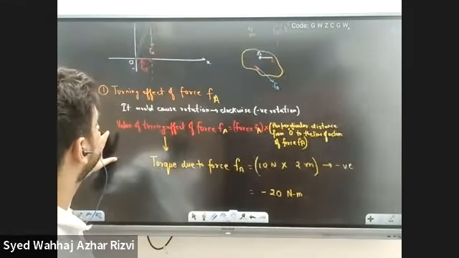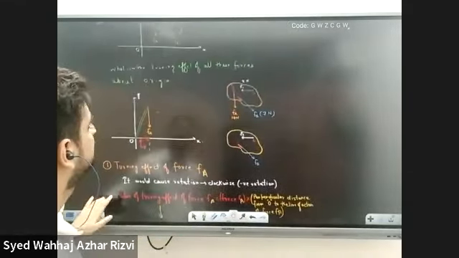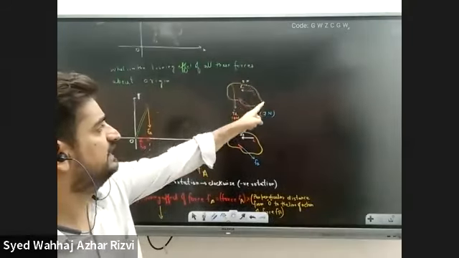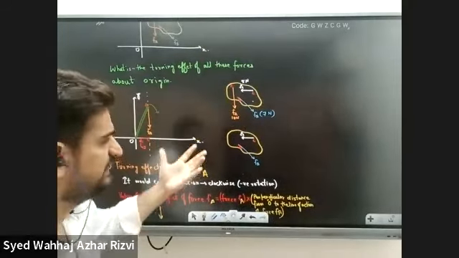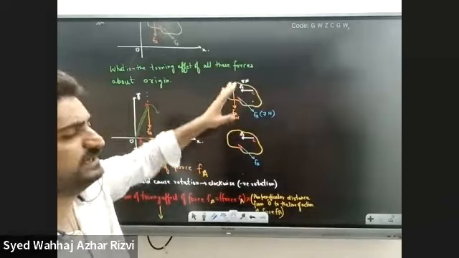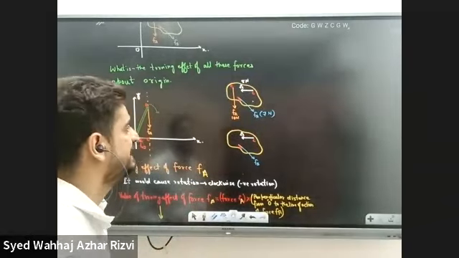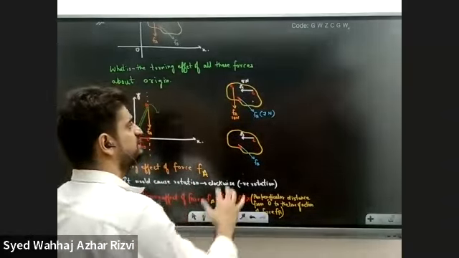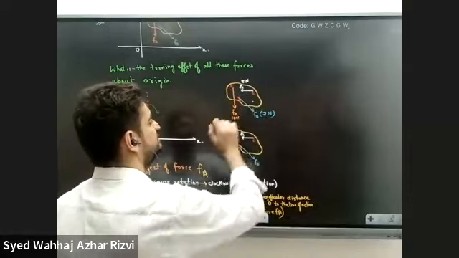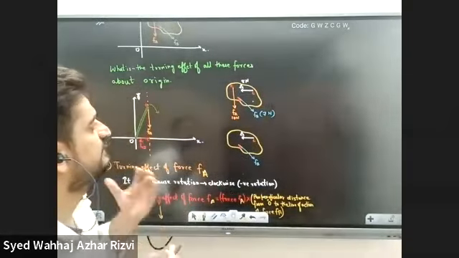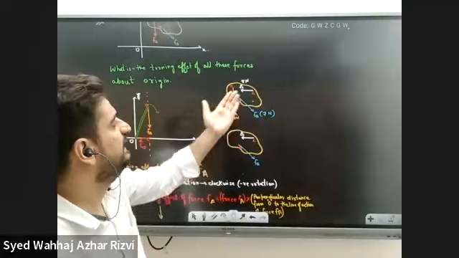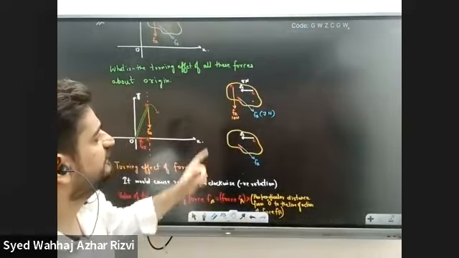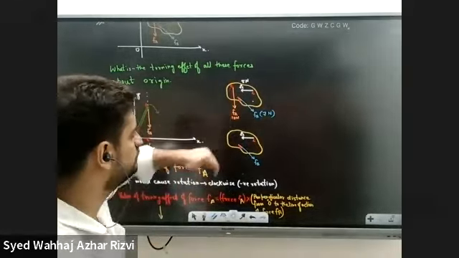I think now you have understood. What was the question? The question was, we were having a block, a body, which is an extended body, and it is a rigid body. And on this rigid body, we have 3 points, point A, point B, and point C. And on these 3 points, we have 3 forces, FA, FB, and FC. The force FA is of 10 newtons, and it's going downwards.